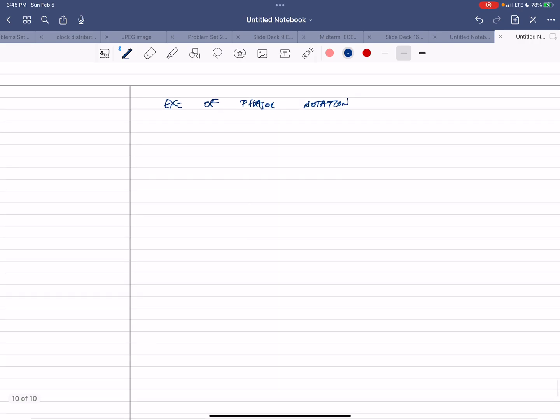So let's say I want to take the derivative with respect to time of a waveform. So this is the example. Okay, so I have a waveform V0 plus cos omega t minus beta z, and I want to take the derivative of this with respect to time.